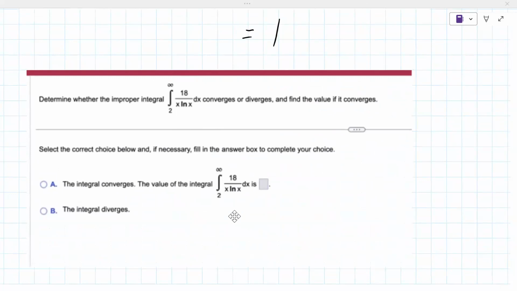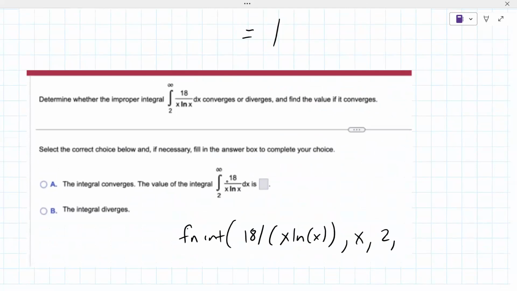So this one is kind of the same thing. fnInt of 18 over x natural log of x, comma x, comma 2, and that's where I'm not sure how far to tell you to go out. Try different values.